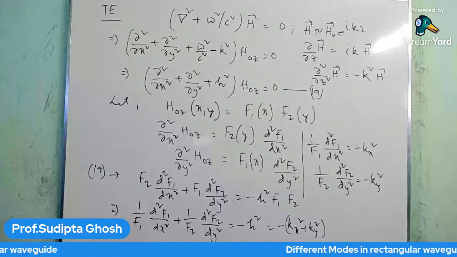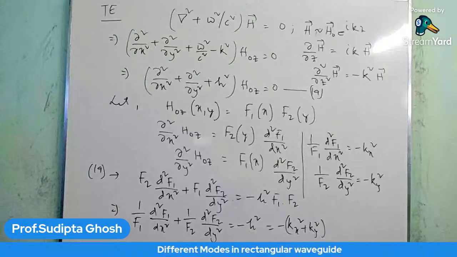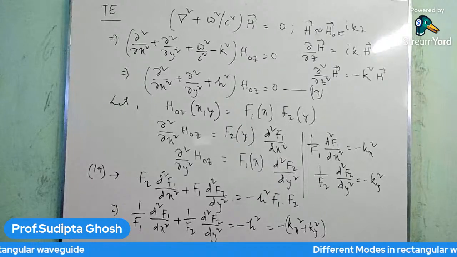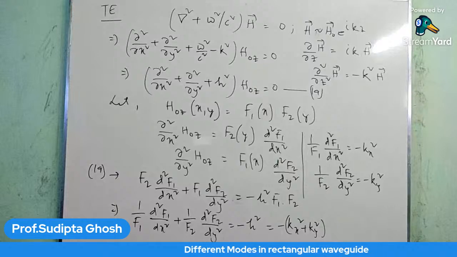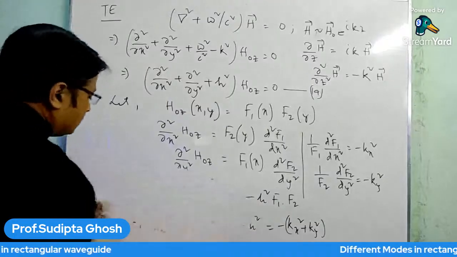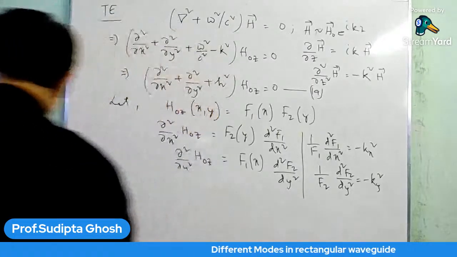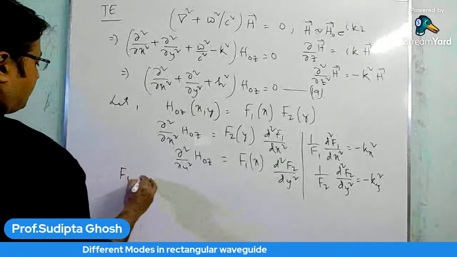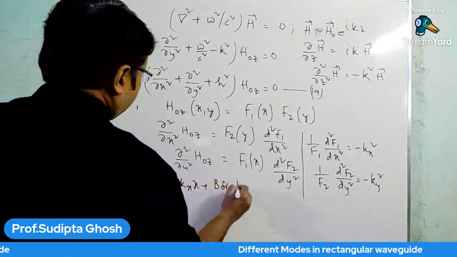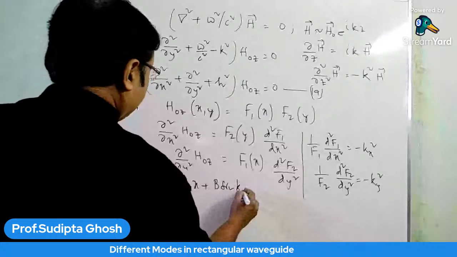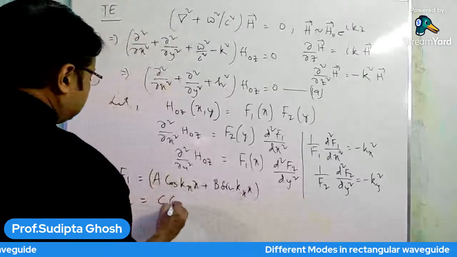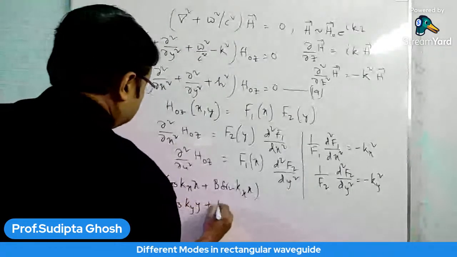We can write F1 equals A cos kxx plus B sin kxx, and F2 can be written as C cos kyy plus D sin kyy.